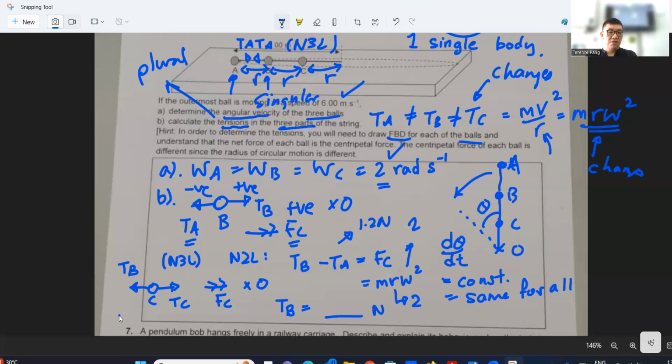Okay, the equation should look something like TC minus TB equals FC. Then you can find your TC because you know your FC and your TB. So you can solve. So that's it for this question. Give it a try, get the answers out.